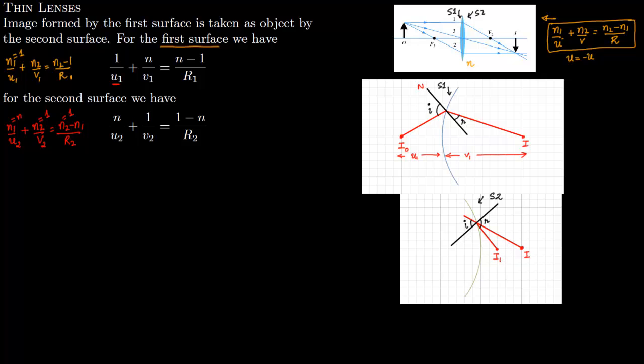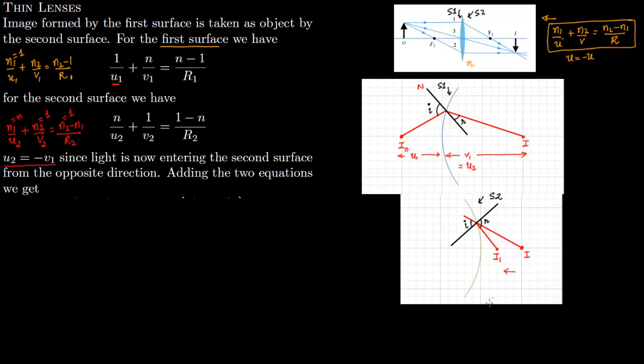In that case you say u2 is equal to minus v1, because for the second surface you are going opposite to the incident light. This is one way of seeing it.